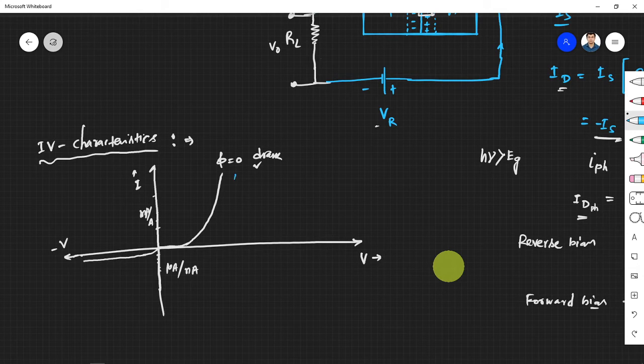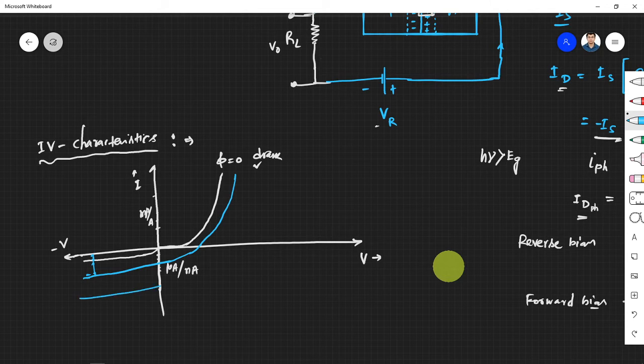So let's try to draw it. It will just shift across this y axis, and ideally, if you want to draw it, this separation will be very high. Not drawing on the scale, but ideally this separation will be very high. I'll just draw a typical one.